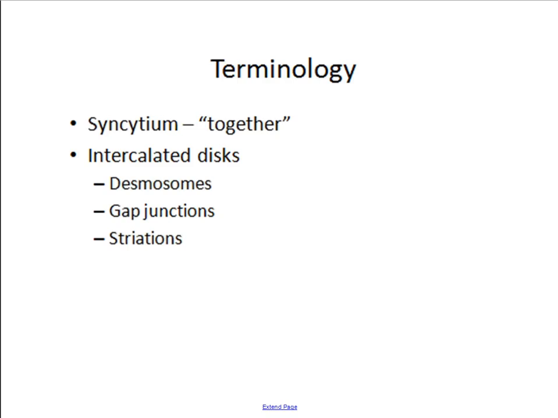So, terminology. The cardiac syncytium, as I mentioned at the beginning of the video, is a word to describe how the tissue of the heart is organized. The word syncytium means together. We use this term because even though the heart is like any other organ and has millions upon millions and billions of cells inside of it, what makes the heart unique is that all of the cells are essentially interconnected with one another.